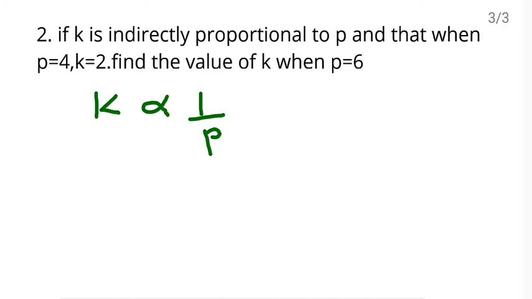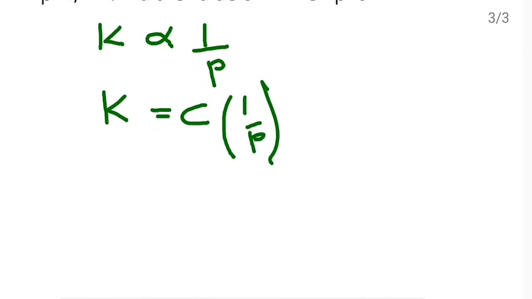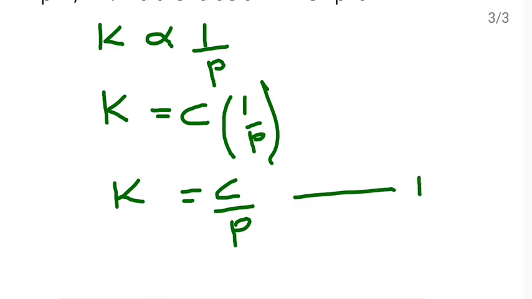We are going to use c. So k will now equal c multiplying 1 over p, and this will now give us k equals c over p.